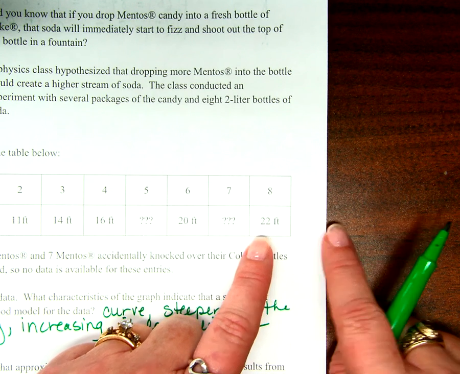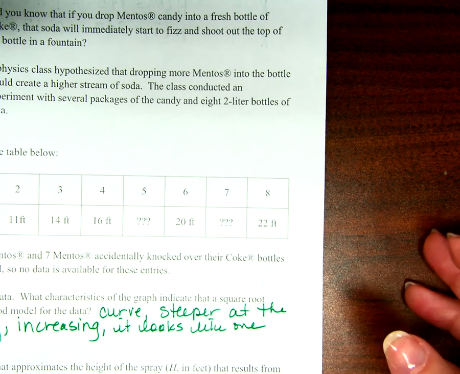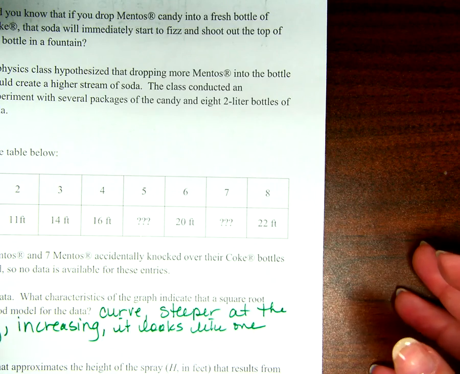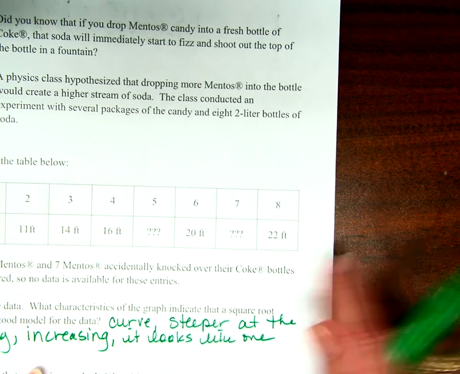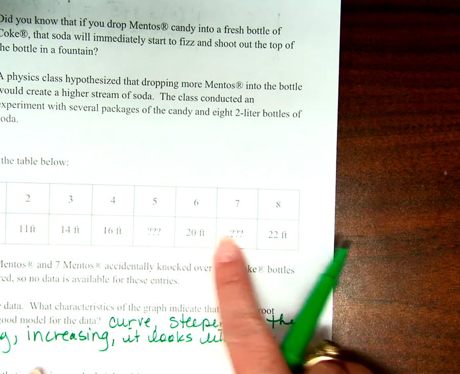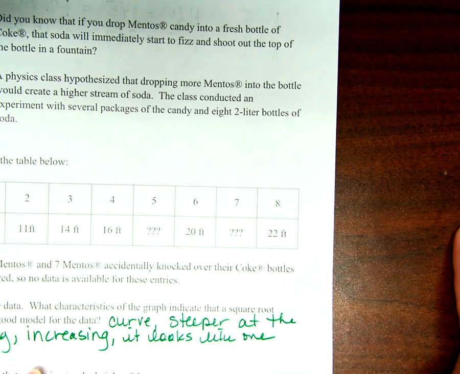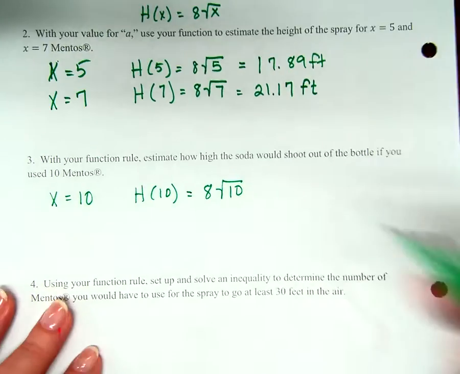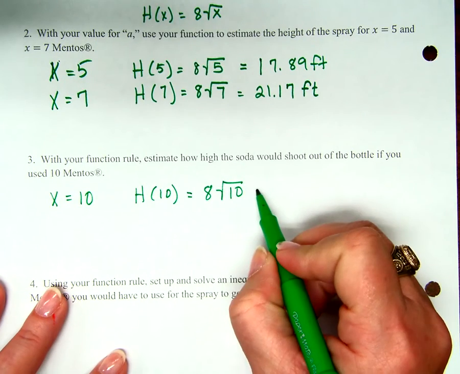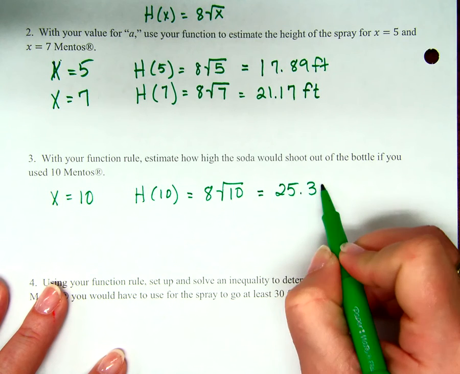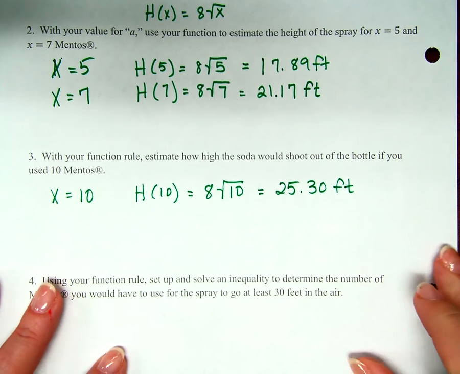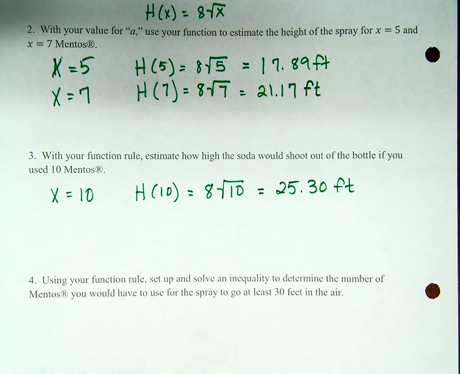We guessed, but we educated guessed. Because we know it's a square root function, right? It's not going to go 16, 18, 20, 22, 24, 26, 28, right? What is it? 25.30 feet. Okay? Any questions about that so far?